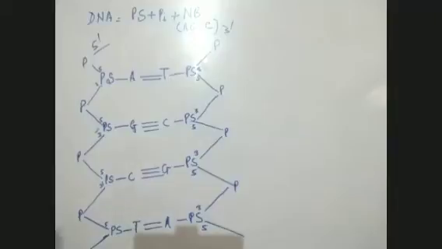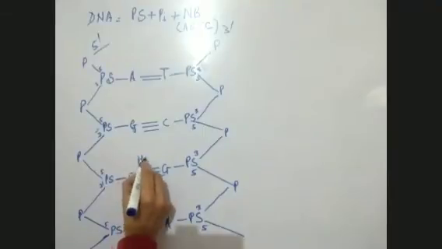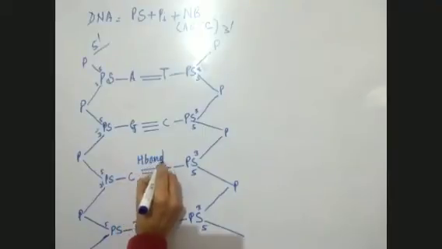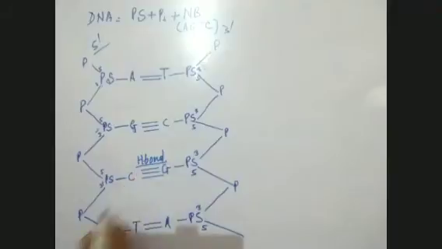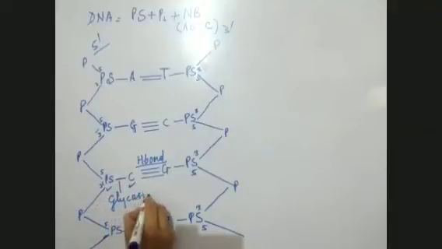Come on, no problem. So this is what the structure is, and I told you the bonds present here. This is hydrogen bond, children. This is hydrogen bond which is present in between the two bases. Now here the pentose sugar is connected to the nitrogenous base. This bond is glycosidic bond.